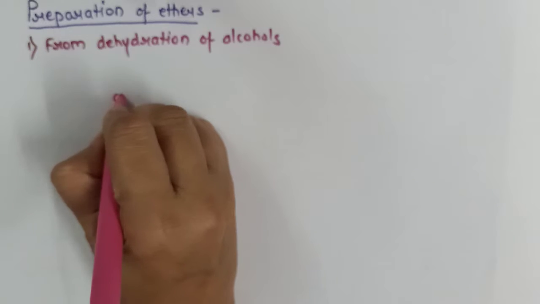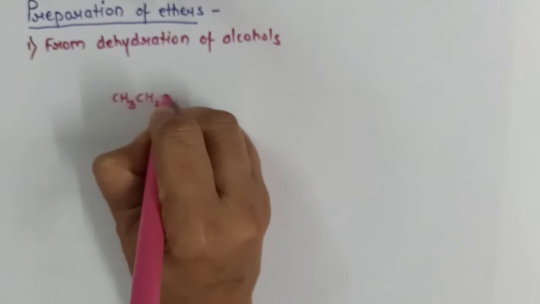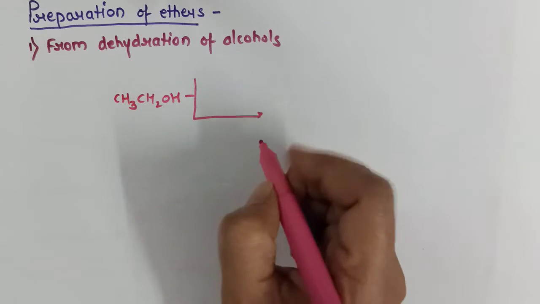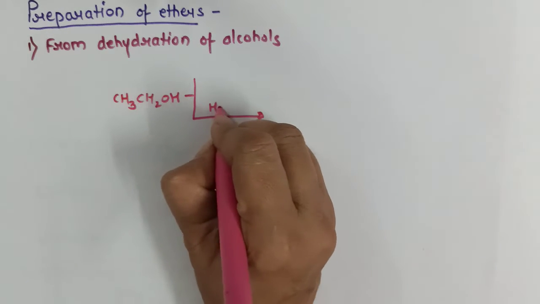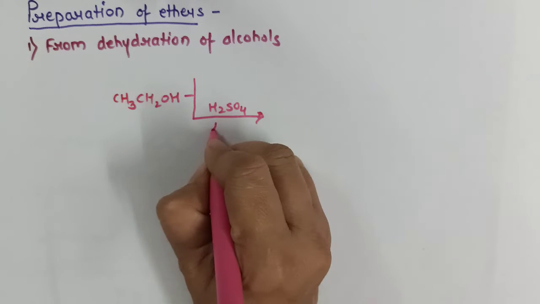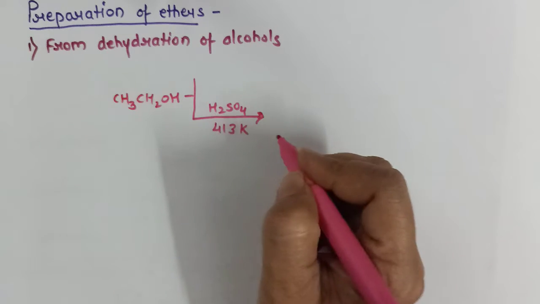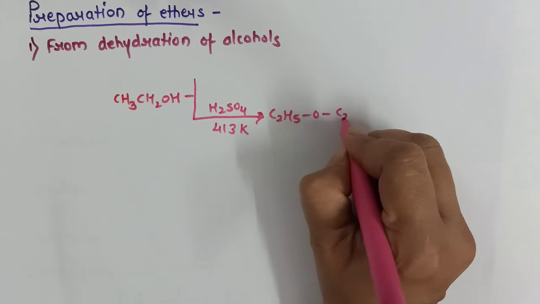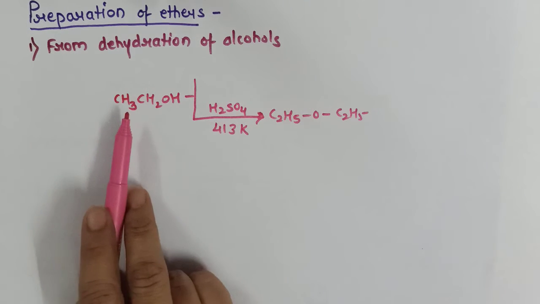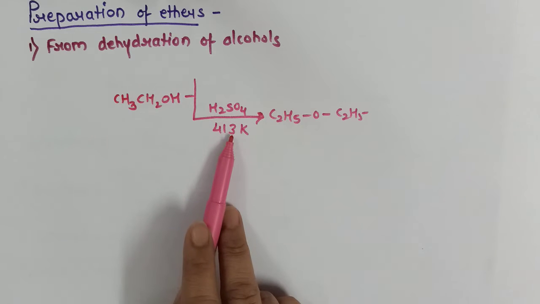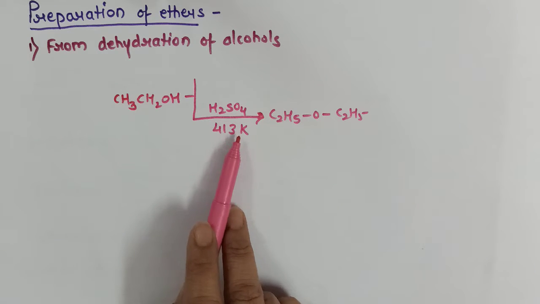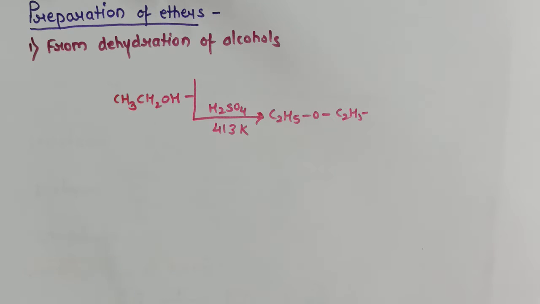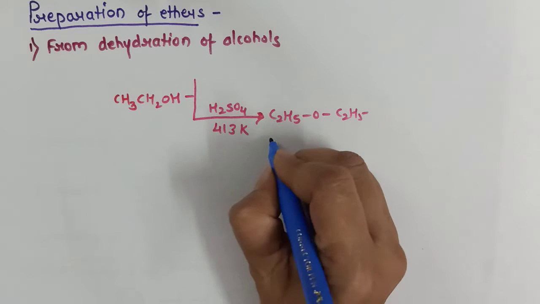Generally, 1 degree alcohols, if they are treated with acids like H2SO4 at 413 Kelvin, we get ether. I have taken the example of ethanol. When it is treated with H2SO4 at 413 Kelvin, we get ethoxyethane, and the process is called the continuous etherification process.